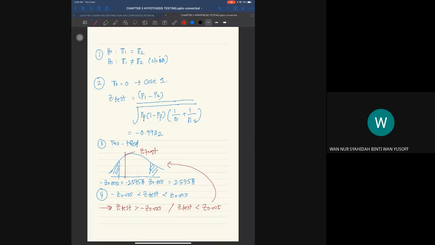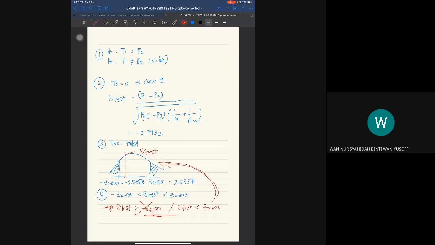If you sketch the picture, make sure that you plot where your Z test is. That's the beauty of this figure, it will help you. Because you must remember, if you make a mistake here, the decision is automatically wrong, and the conclusion is automatically wrong. So you will lose 3 marks because of that.